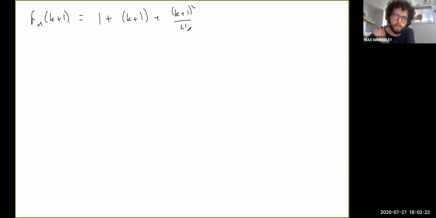So, f_n of k plus 1 is just 1 plus (k plus 1) plus (k plus 1) squared over 2 factorial plus, all the way up to (k plus 1) to the n over n factorial.